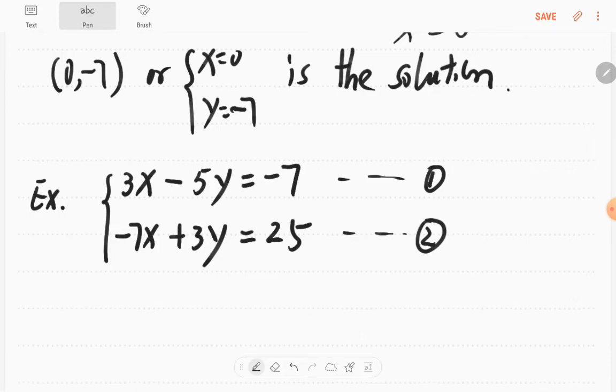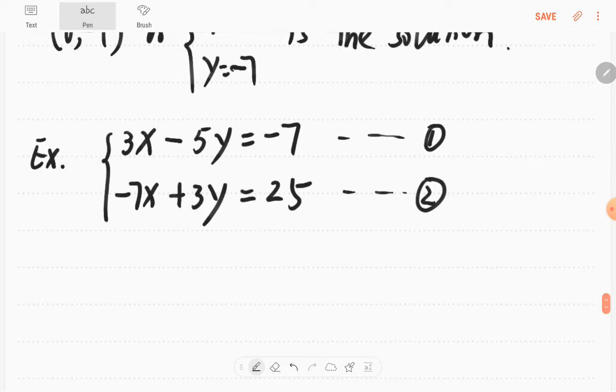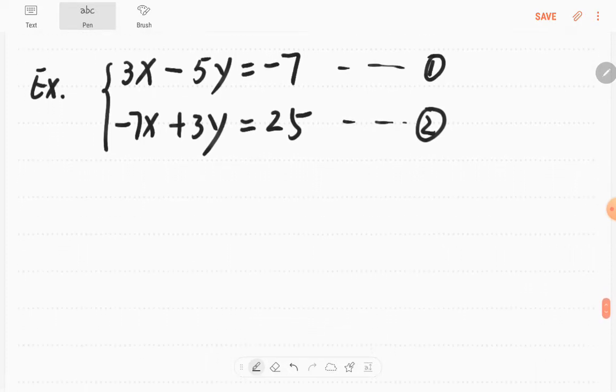So here is the one thing I want to say: we can multiply both equations by different numbers. Then if you add them together, you can eliminate one variable. So here is the idea. I want to try to eliminate the variable y, not x, to see what happens.